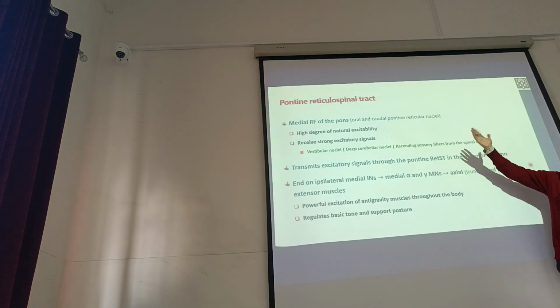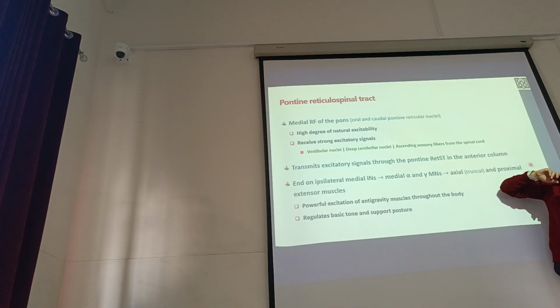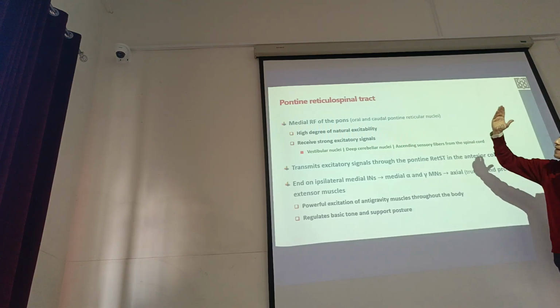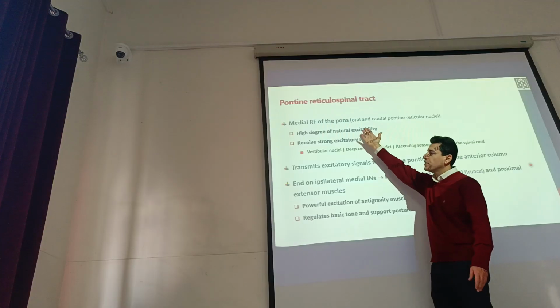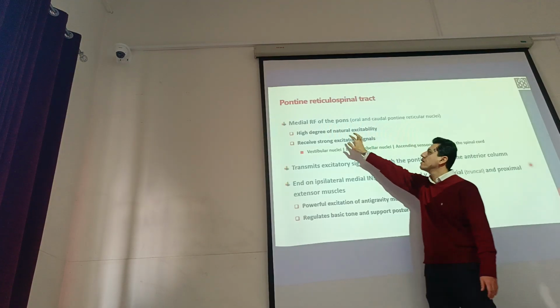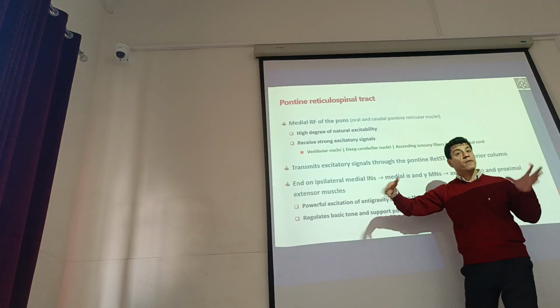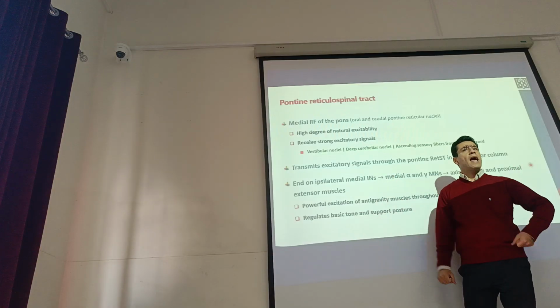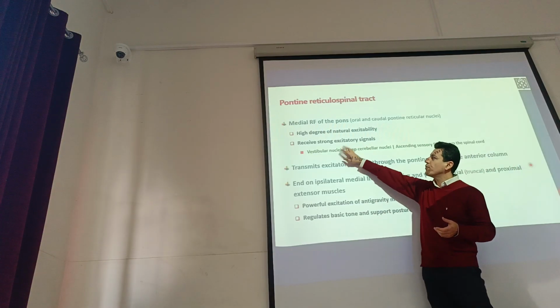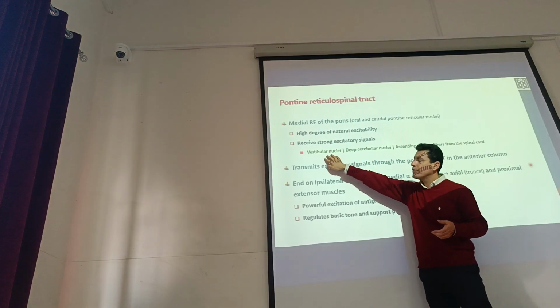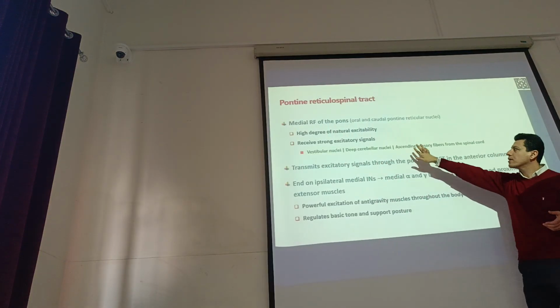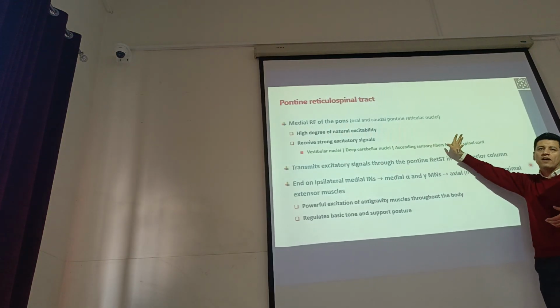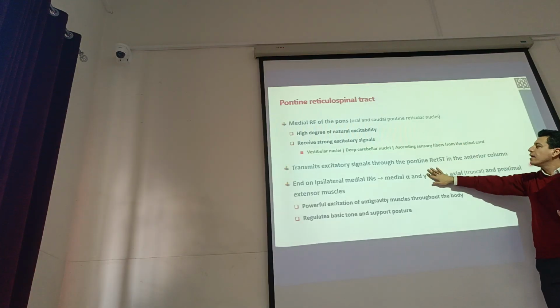Here, pontine reticulospinal tract, right? They originate from reticular formation of the pons. They are highly excited, so neurons here are very active. They receive a strong excitation from vestibular nuclei, cerebellar nuclei, ascending sensory fibers of the spinal cord.